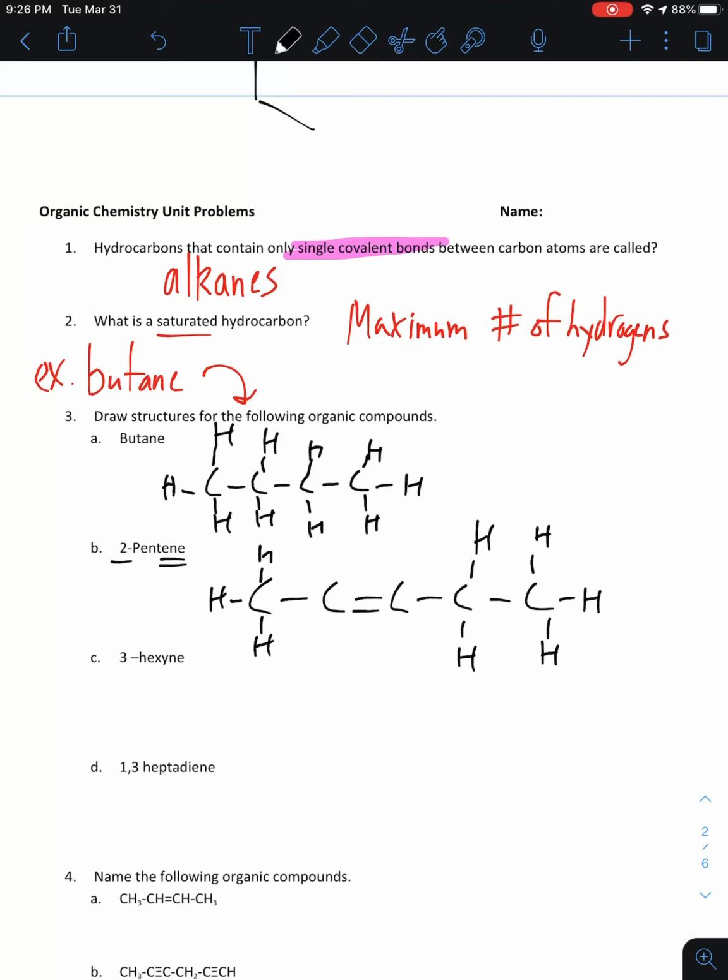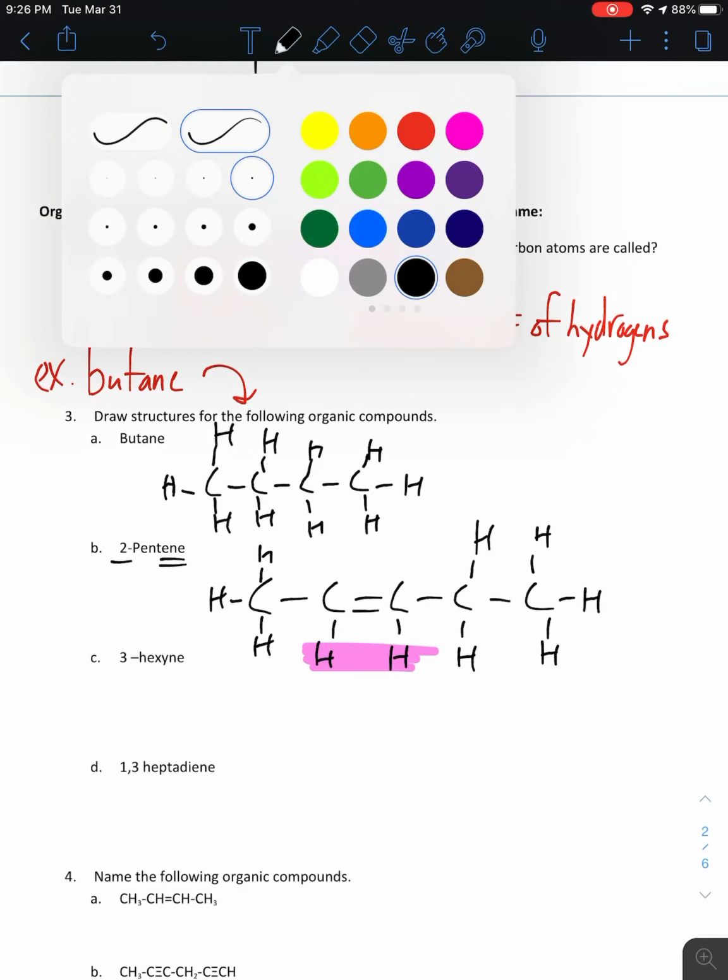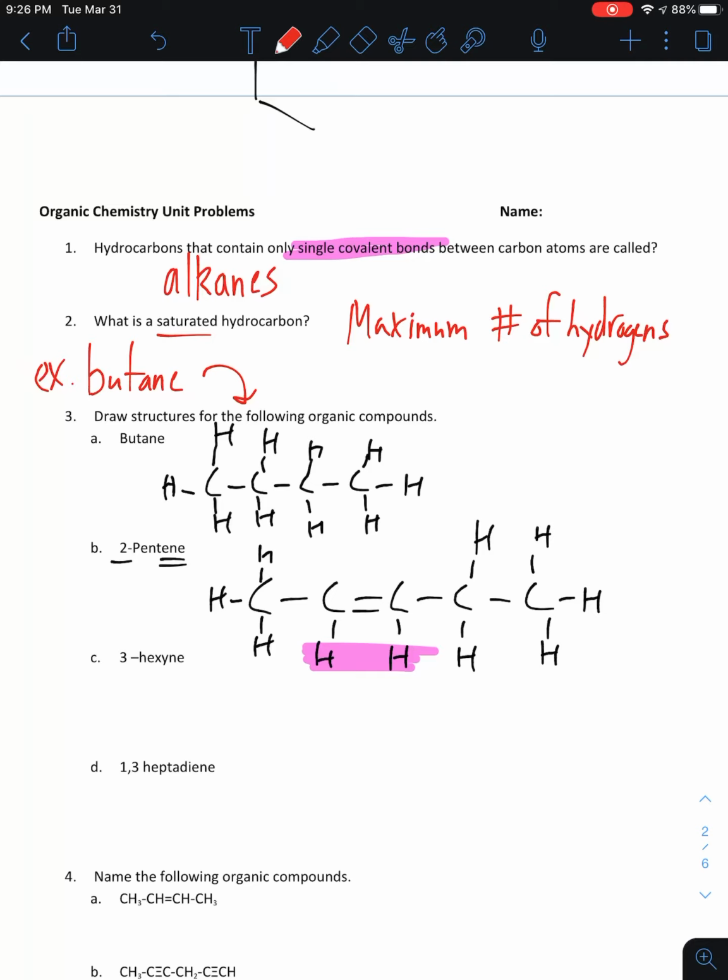And since these 2 carbons have 3 valence electrons that are bonded, they only have 1 valence electron that is available to bond with hydrogen. This example here, because of this double bond, would be an example of an unsaturated hydrocarbon. Really what you're looking for is a double or triple bond, and that tells you that it's unsaturated.